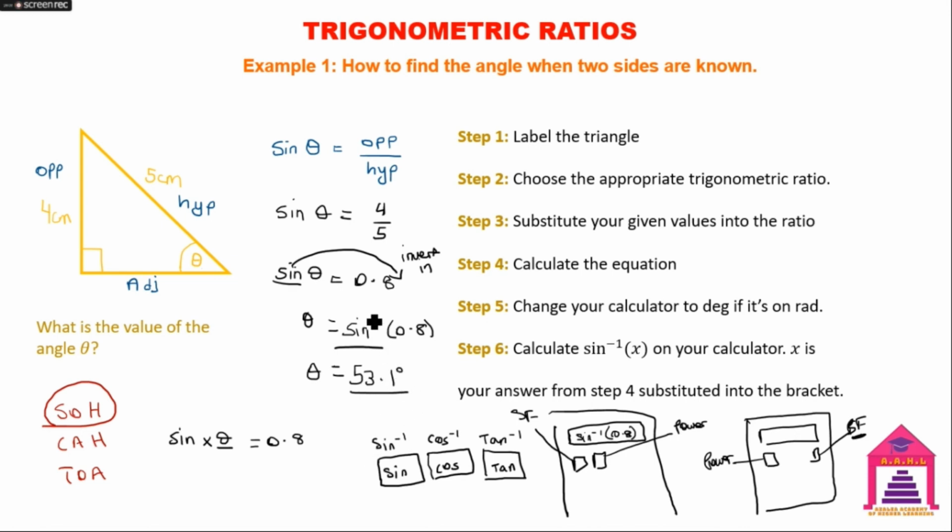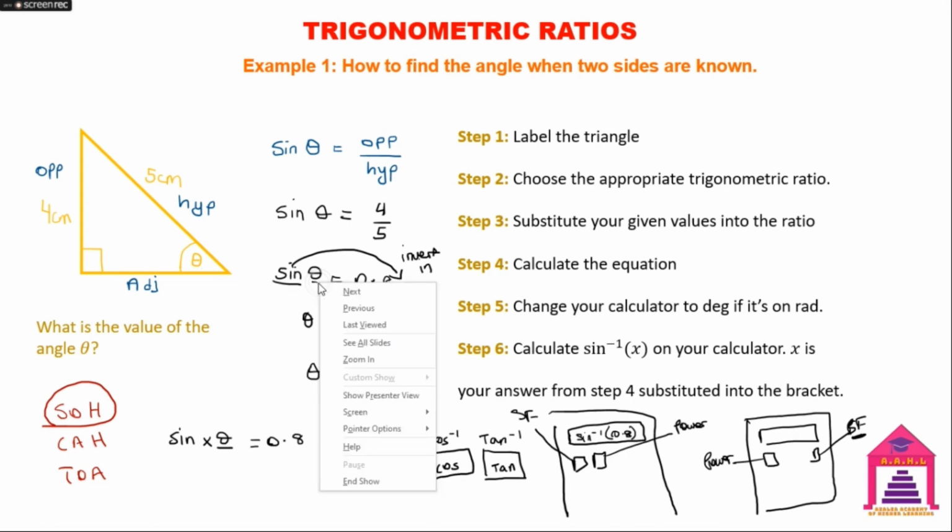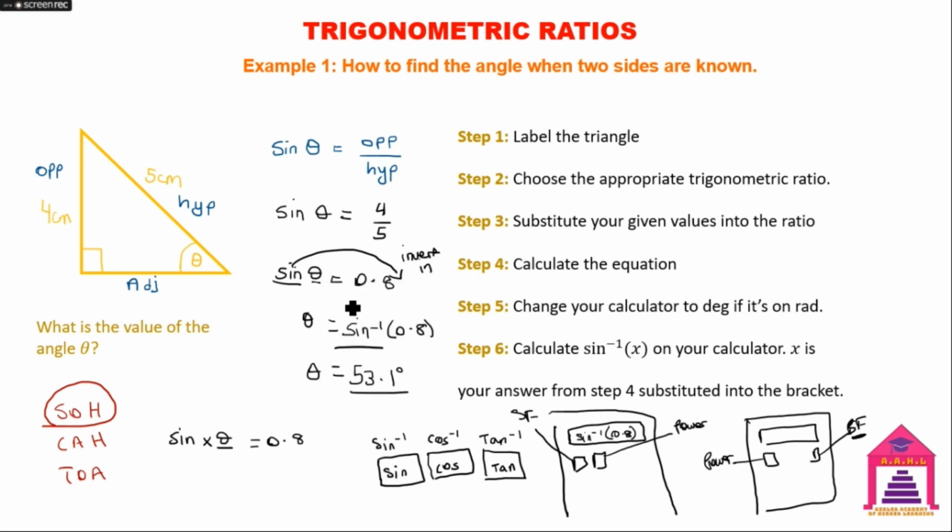So, when we have to calculate the angle, you're going to invert sine and you're going to use second function. Something I forgot to add in: make sure that on top of the screen here, your calculator is saying DEG, because angles can be calculated in radians or degrees.